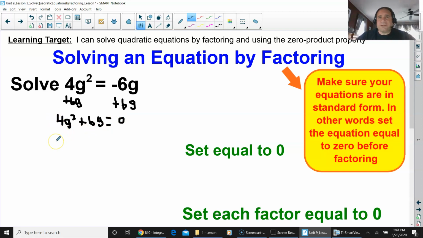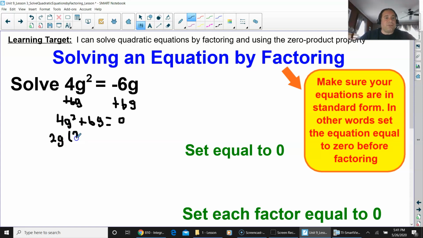So what number is the largest number, the greatest common factor, that goes into 4g squared and 6g? Yep, you guessed it. So let's take the numbers first. 2 goes into both of those, and g goes into both of those. So now we have 2g on the outside, and 2g times what equals 4g squared?